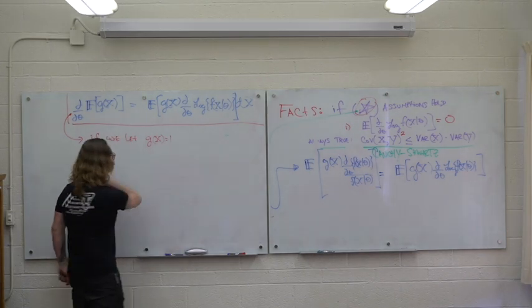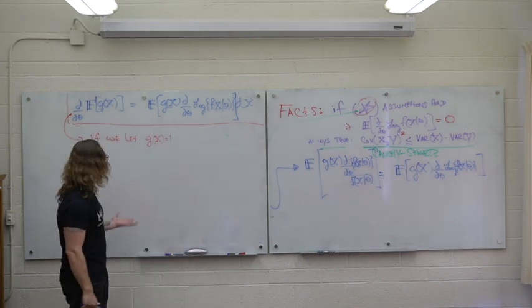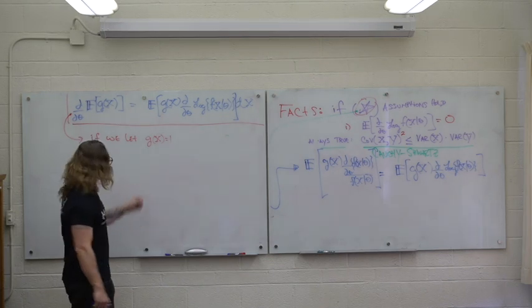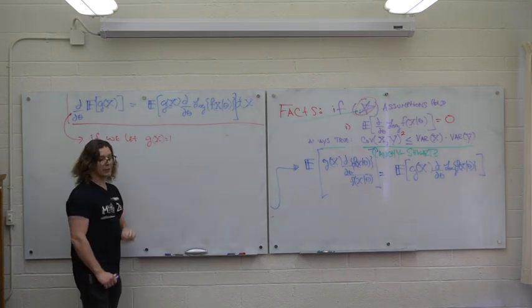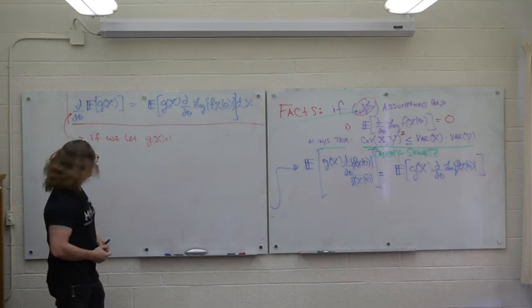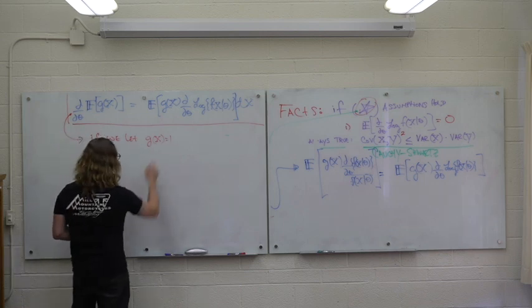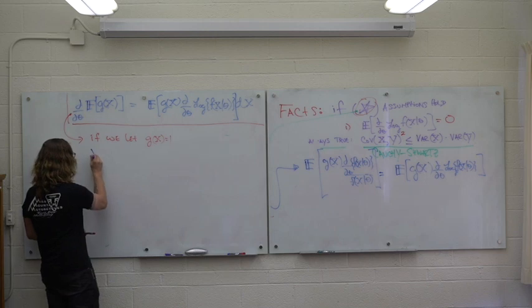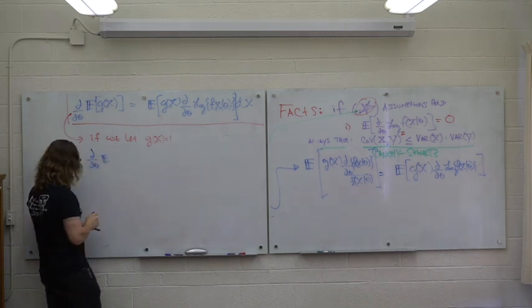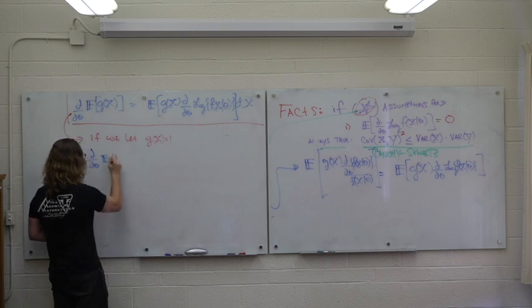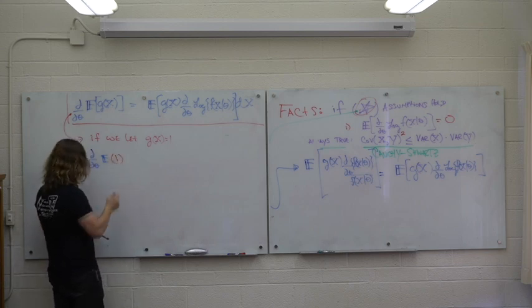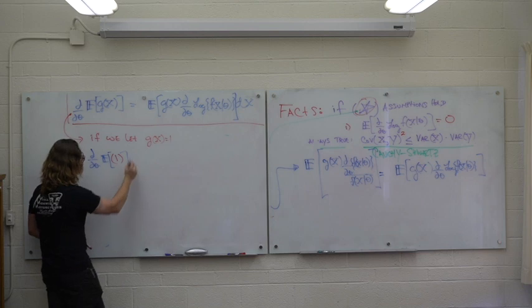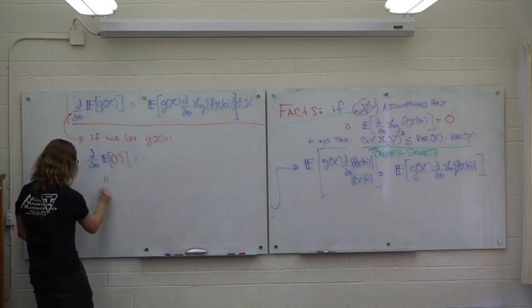This arbitrary function that I'm talking about has some properties, I can take an expectation, I can take a derivative, and this constant function satisfies all that. So if I let g(x) be equal to 1, then I just showed that the derivative of the expectation of 1 is equal to something. I know one thing it's equal to. I know that it's equal to 0.